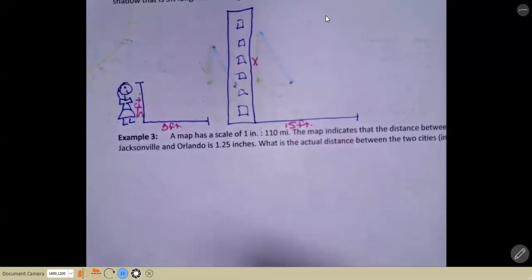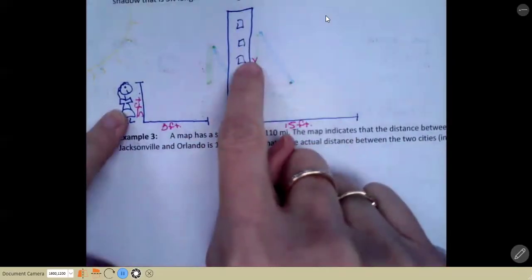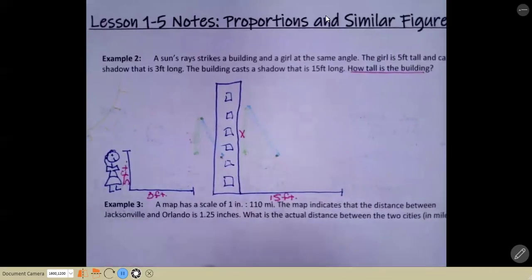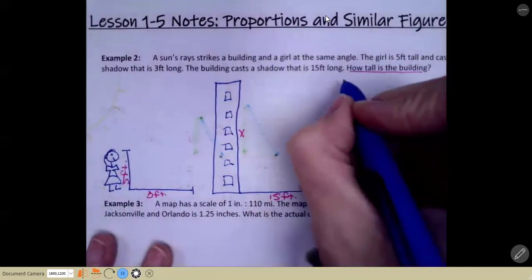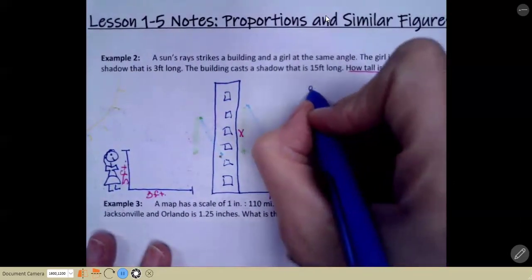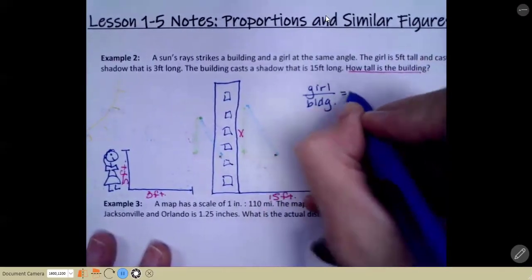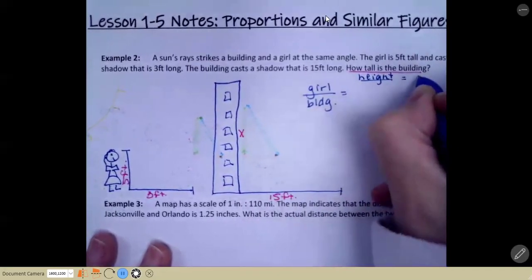There's different ways you could do it. You could do the girl's height over the girl's shadow and the building's height over the building's shadow. Or you can do the girl's height over the building height and then the girl's shadow over the building shadow. So you can do either way. So I'm going to do girl over building, and I'm going to do height and shadow.